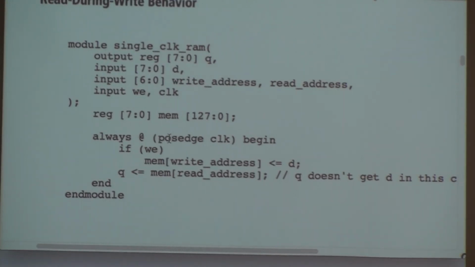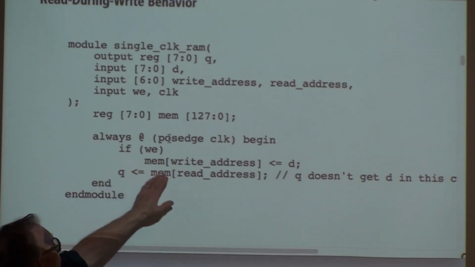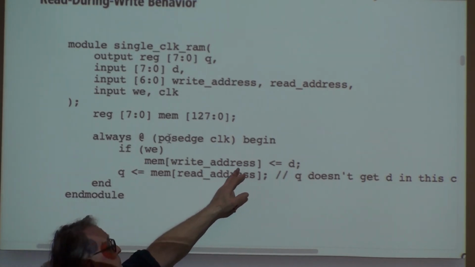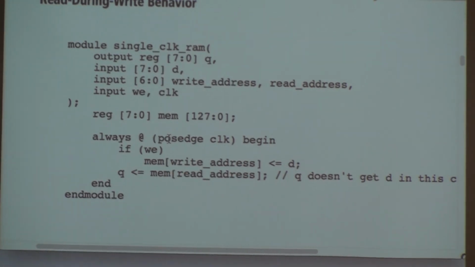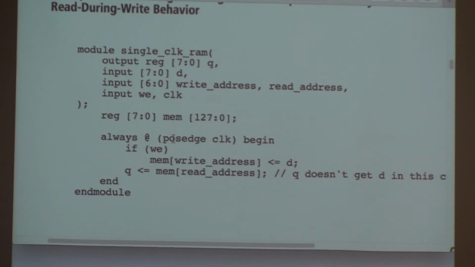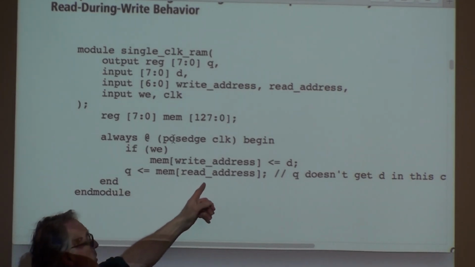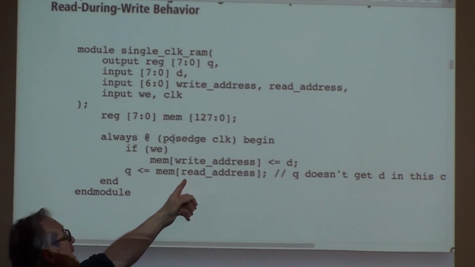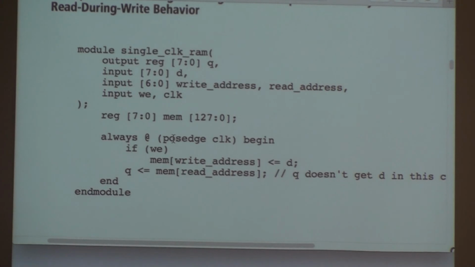And here we have a write enable. We're going to write, but in any case, we're going to read the data that was already in that module. But this does not have the pipeline registers in it.